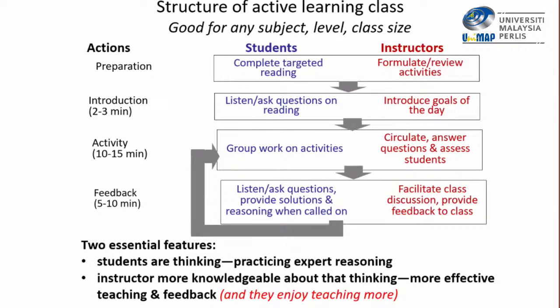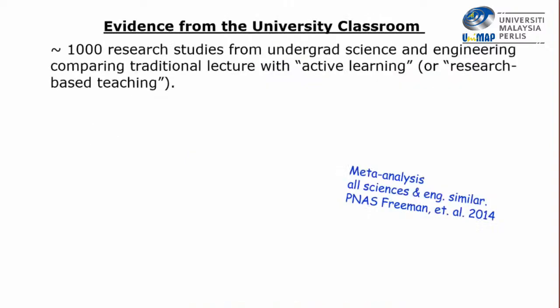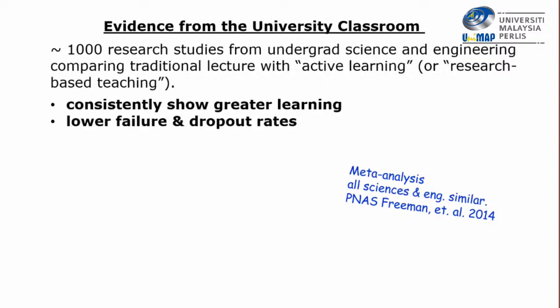And the key features in this are that students are thinking, they're practicing expert reasoning, and the instructor is much more knowledgeable about their thinking and so can provide them with more effective feedback. So we've got many studies like this from many disciplines, and I won't go into too many, but they consistently show greater learning, and they show lower failure and dropout rates.